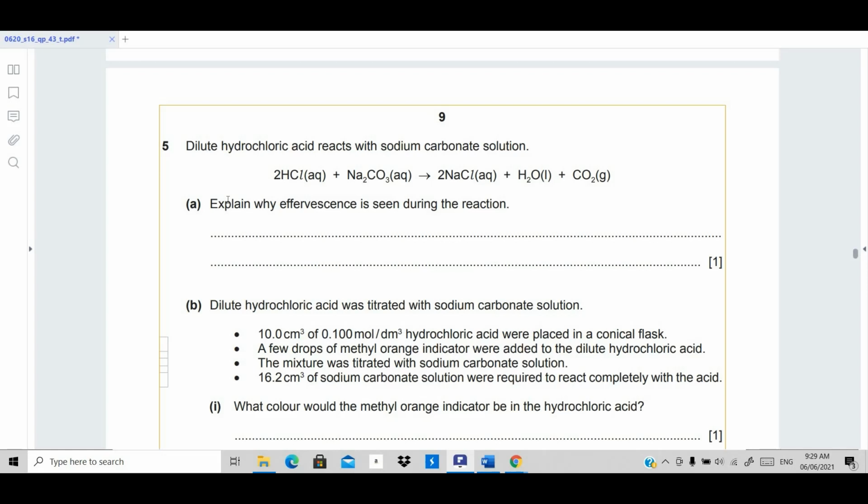On the product side, sodium chloride is an aqueous salt, H2O is a liquid, and CO2, carbon dioxide, is a gas. So due to the production of carbon dioxide, effervescence is seen. I can simply write here: carbon dioxide is produced.